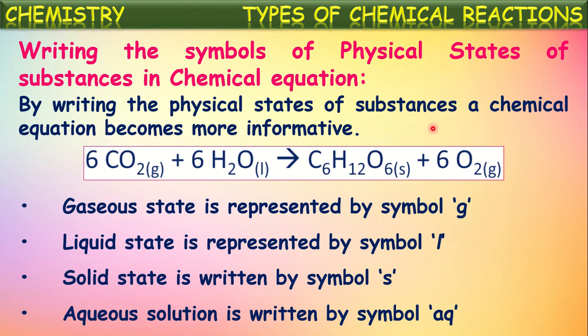Aqueous solution means the solvent in that solution is water. If such substances participate in the chemical reaction, their physical state is mentioned by using the symbol AQ in brackets beside the molecular formula. In this way, the physical states of these substances are represented by using these symbols.